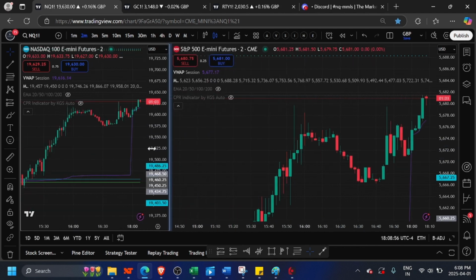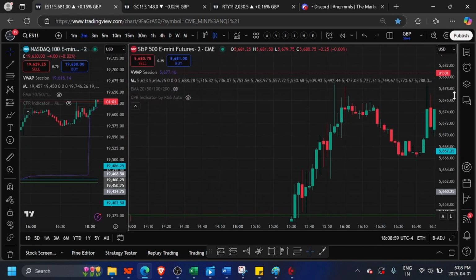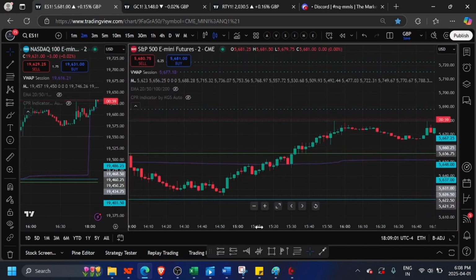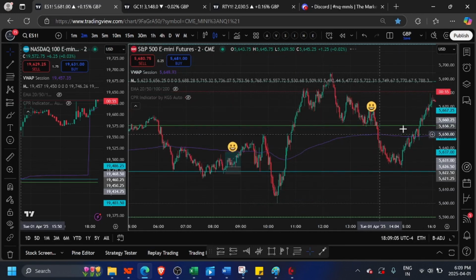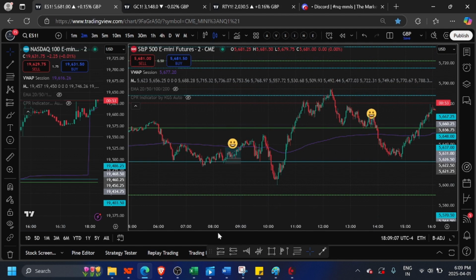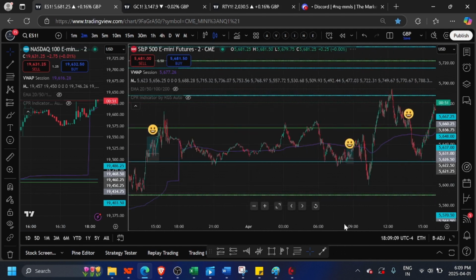If you want to look at ES, it's a similar thing. Blue levels were given before Monday open, green levels were given before Tuesday open, and now I'll give more levels. The orange levels will be there soon.